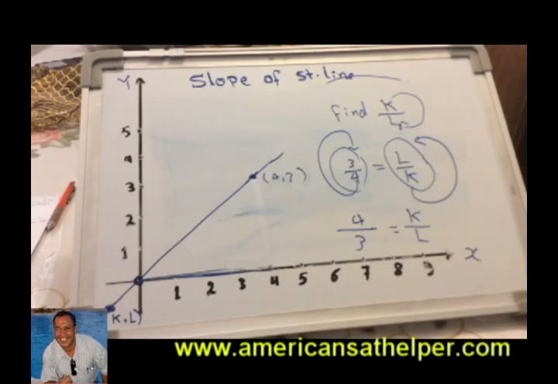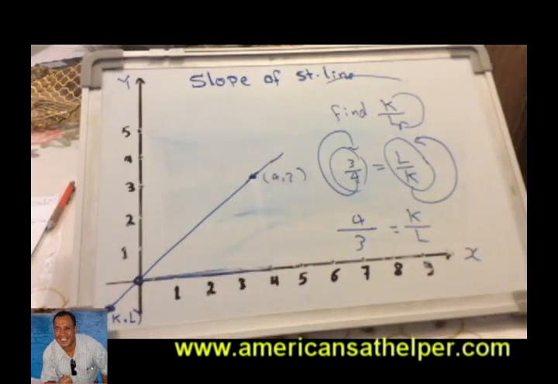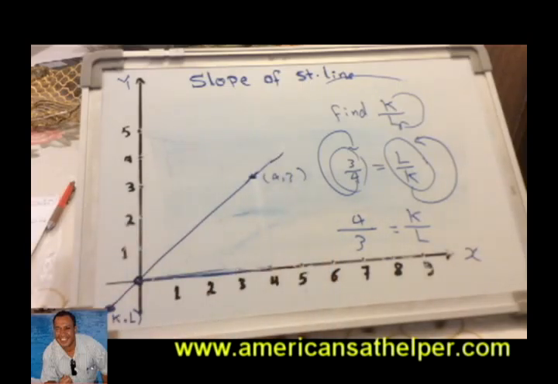And we know that if the line passes through the origin, you can find the slope from only one point on the line by dividing the coordinate of y over the coordinate of x. I hope that you enjoyed this video and you understand how to find the value of the slope.